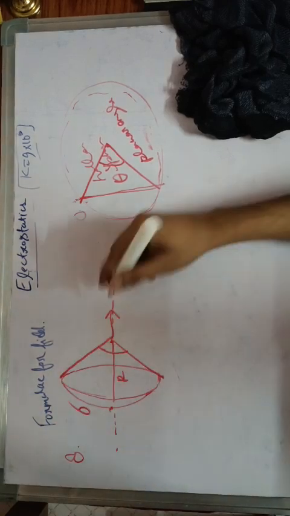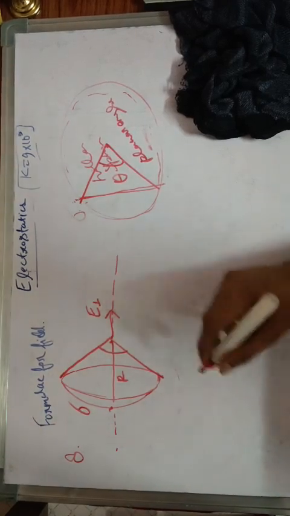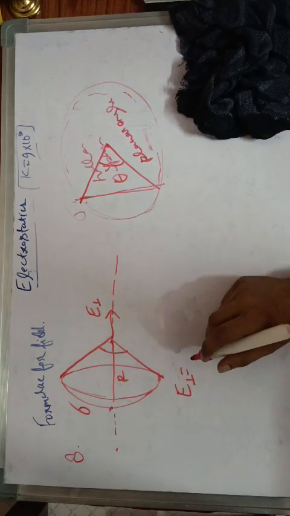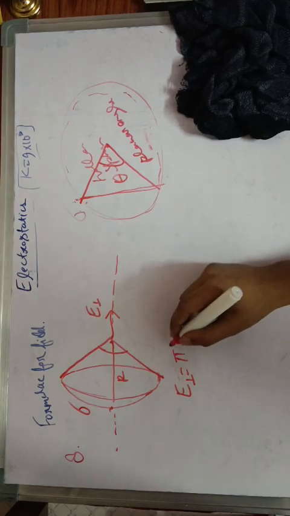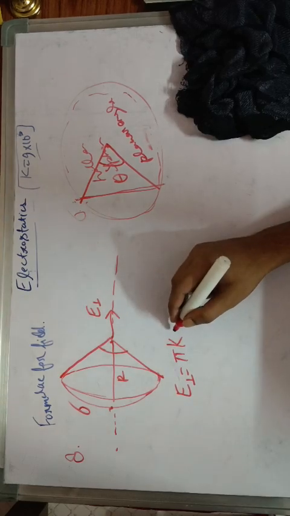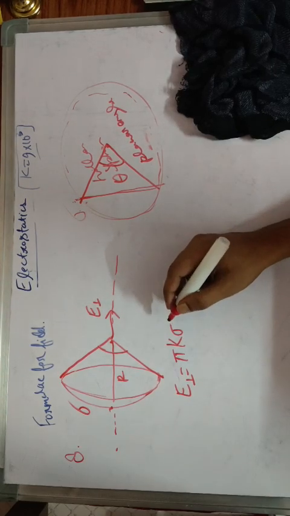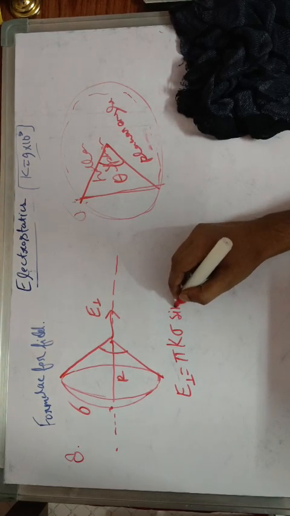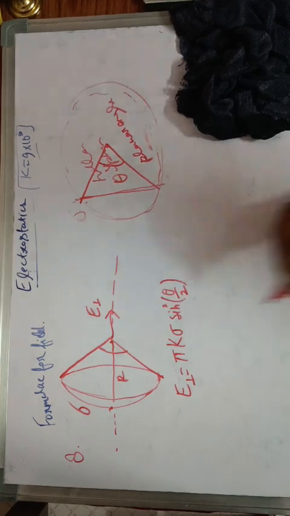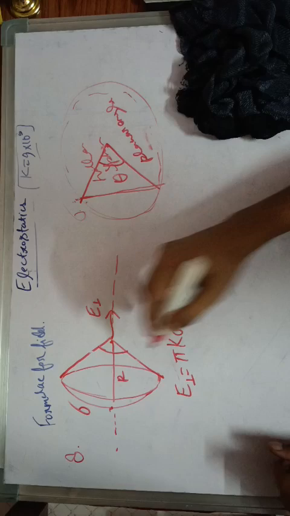Since it is acting perpendicular, I will call it E perpendicular. Then the formula for E perpendicular is equal to pi times k sigma sine square theta by 2. This whole angle is theta.